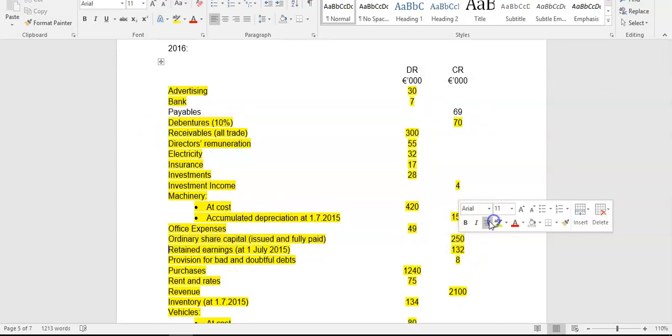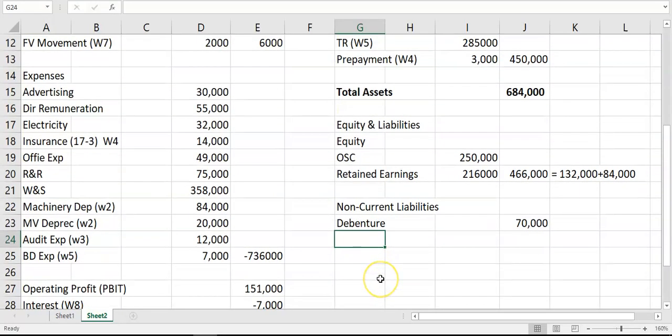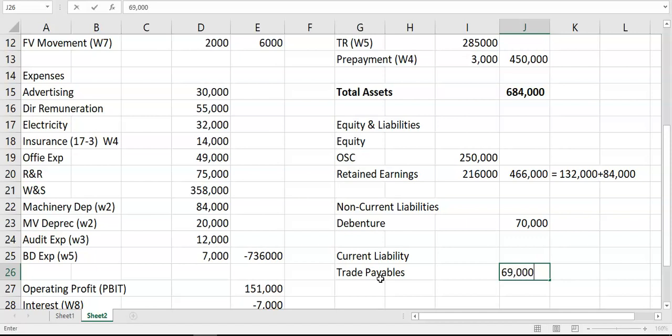So you're left with your payables as a current liability. Trade payables, which are 69,000. I'll bring that back to this one here.